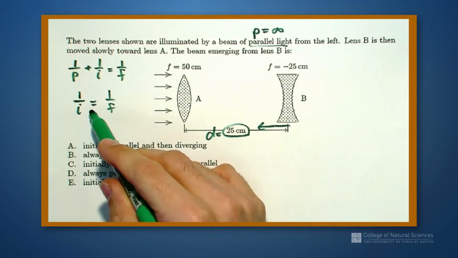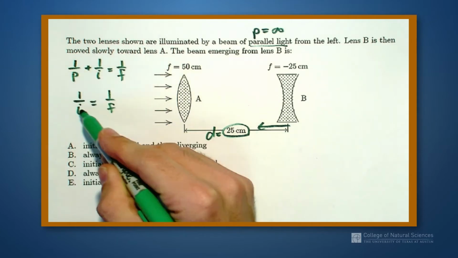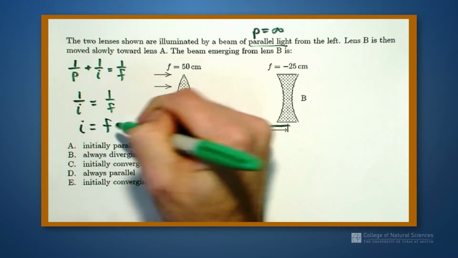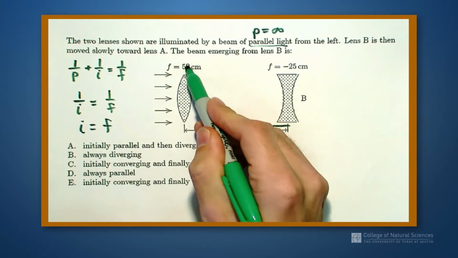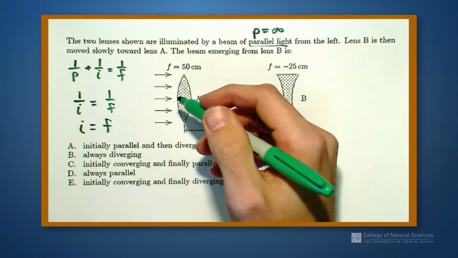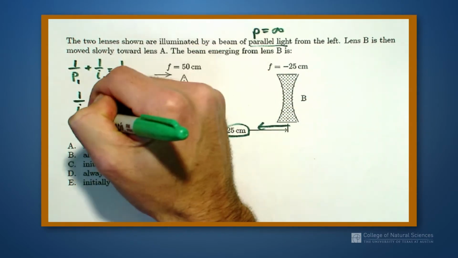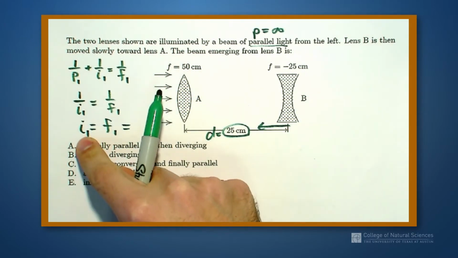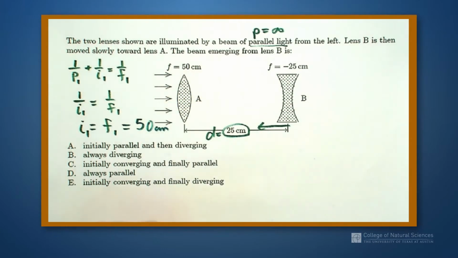So I know that this is 1 over infinity. 1 over infinity is essentially 0, so I get 1 over I is equal to 1 over f, or my image is going to show up at my focal length. So that means that my first image, I should probably subscript these with 1s. So that means my first image shows up at 50 centimeters.